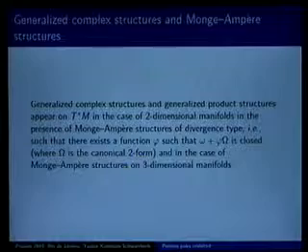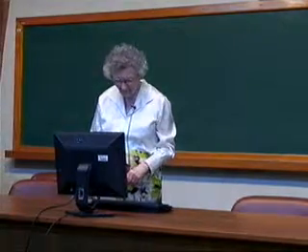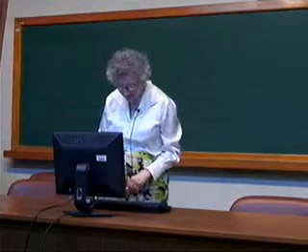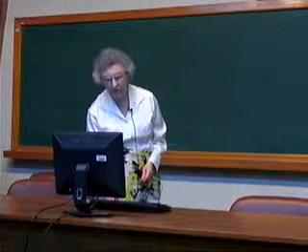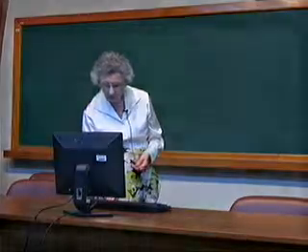Okay, I did not speak about generalized complex structures, but I assume that this was already defined in previous lectures. So what I want to show is how such generalized complex structures and generalized product structures arise again in this theory of Monge-Ampère structures.